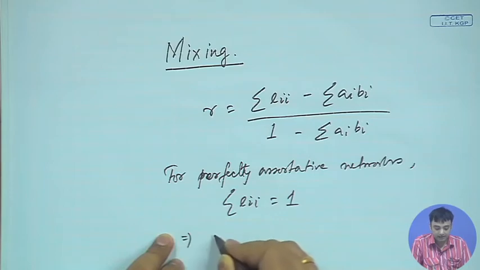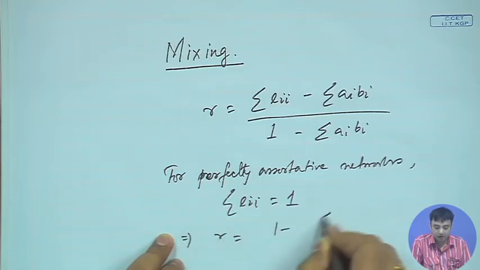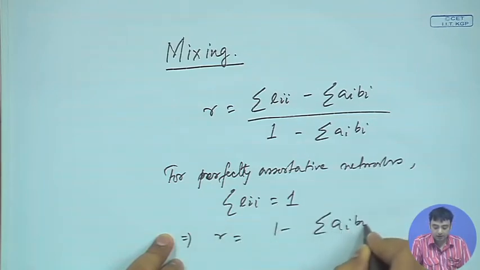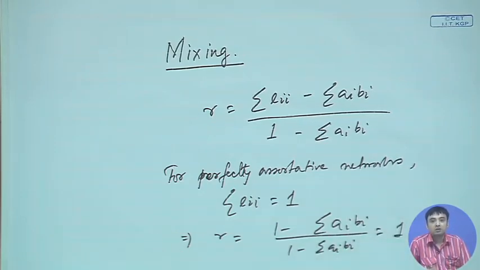That implies R will be equal to 1 minus sum of a_i b_i divided by 1 minus sum of a_i b_i, which is equal to 1. So for perfectly assortative graphs, we will have a mixing coefficient equal to 1. However, if it is a disassortative network, then e_ii will be 0 and we will have a negative mixing coefficient value.